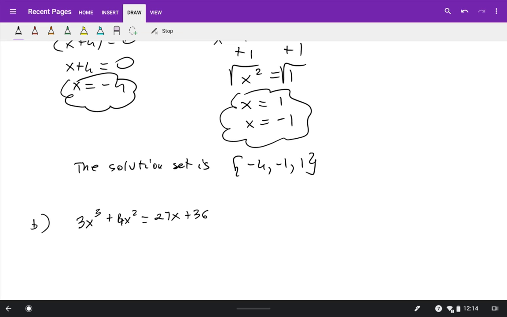Okay. So for expressions like this, that means we will use factoring by grouping, but first we have to bring all expressions to the left side.